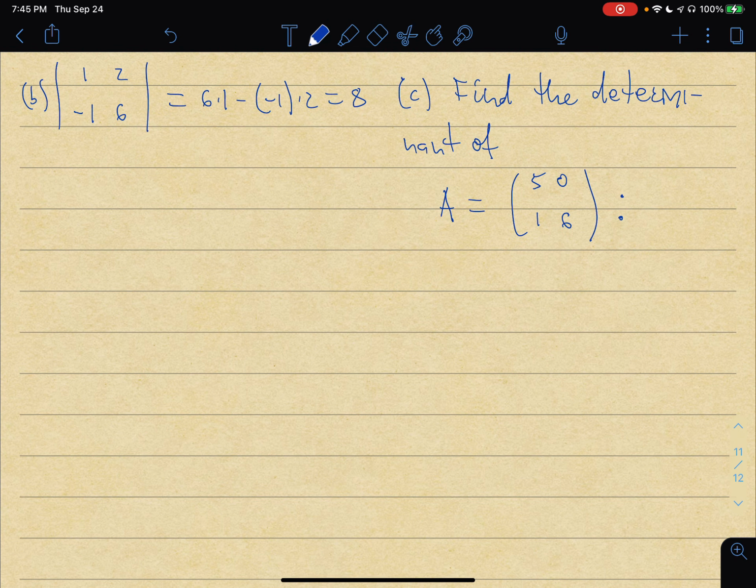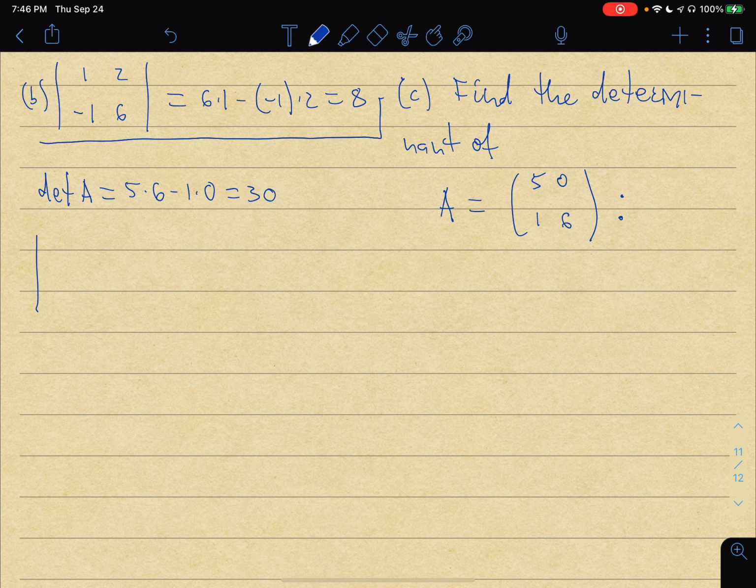I can write the answer in two ways. Determinant of A, right? That's one type of notation. This is 5 times 6 minus 1 times 0. This is equal to 30.